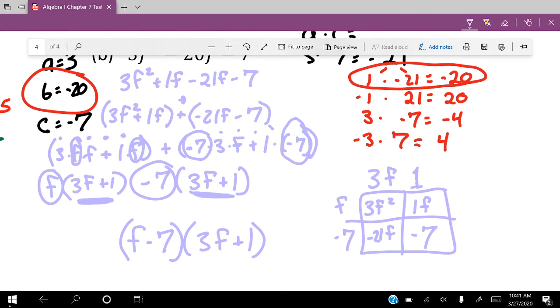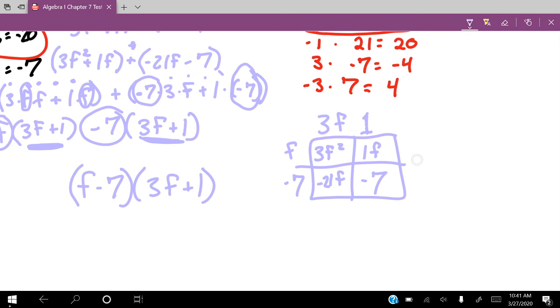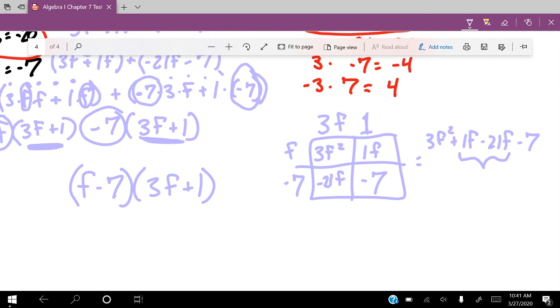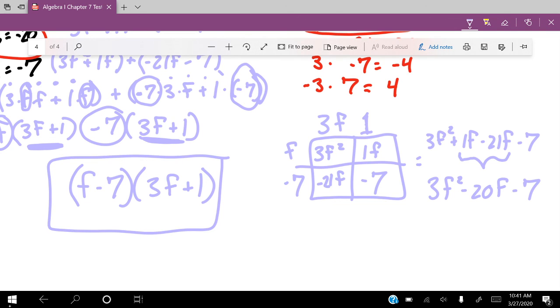If I write this out, I should get 3f squared plus 1f minus 21f minus 7. And if I combine like terms, 1f and negative 21f are simply going to add up to negative 20f. And this is what I started with. So I know f minus 7 times 3f plus 1 is our solution.